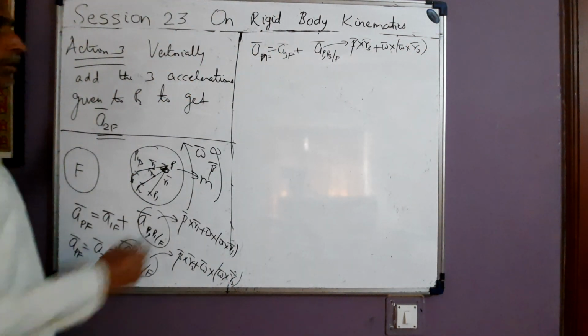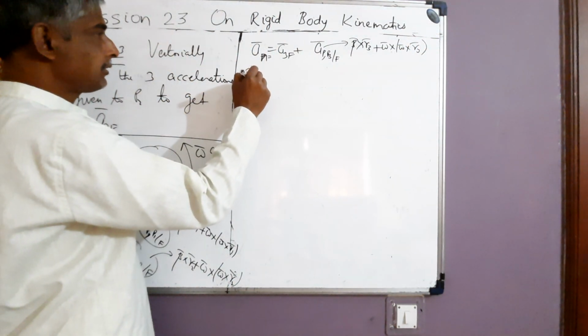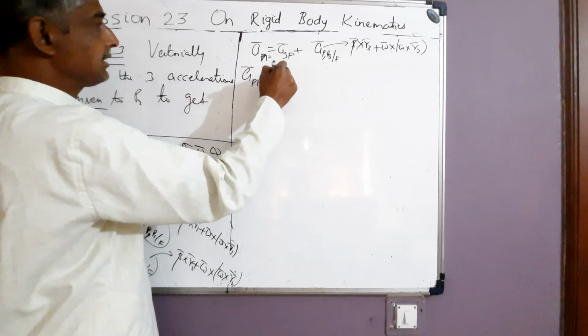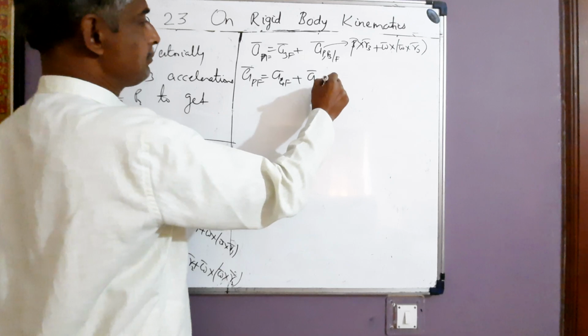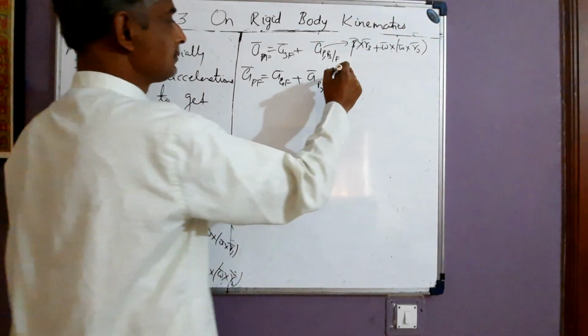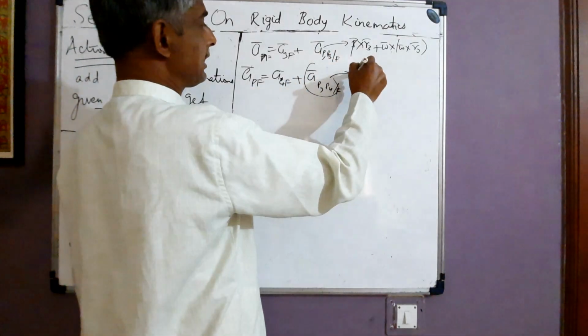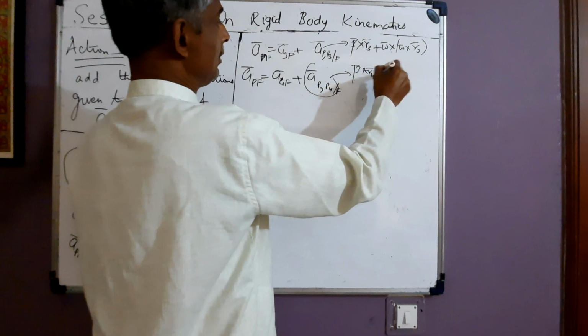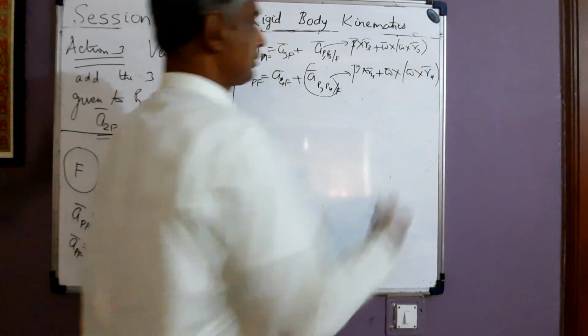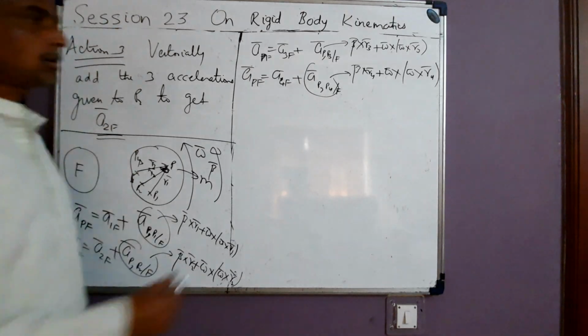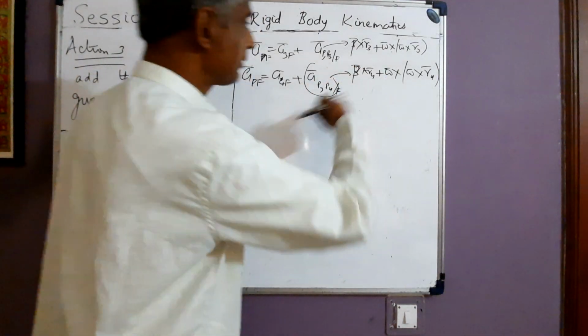Similarly, write APF in terms of A4F. Then we'll write that as A4F plus APP4F, where this term means beta cross R4 plus omega cross omega cross R4 in this way. Okay, fine.